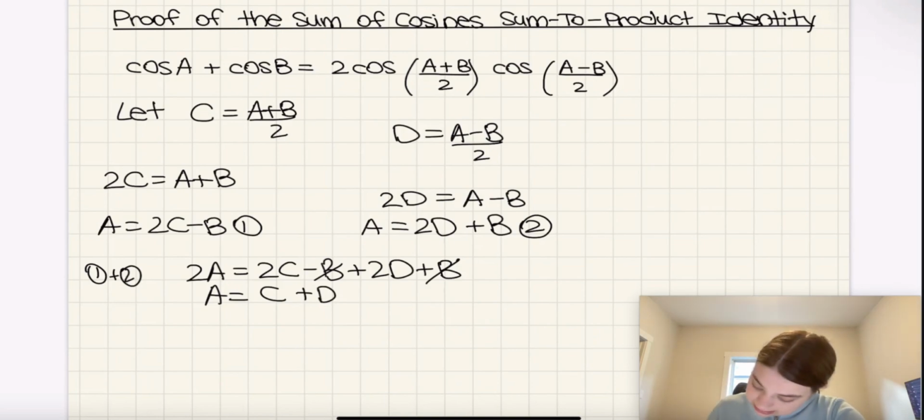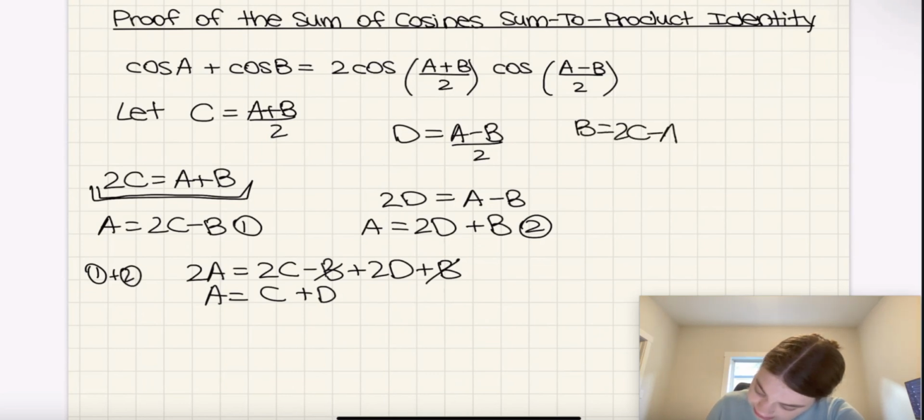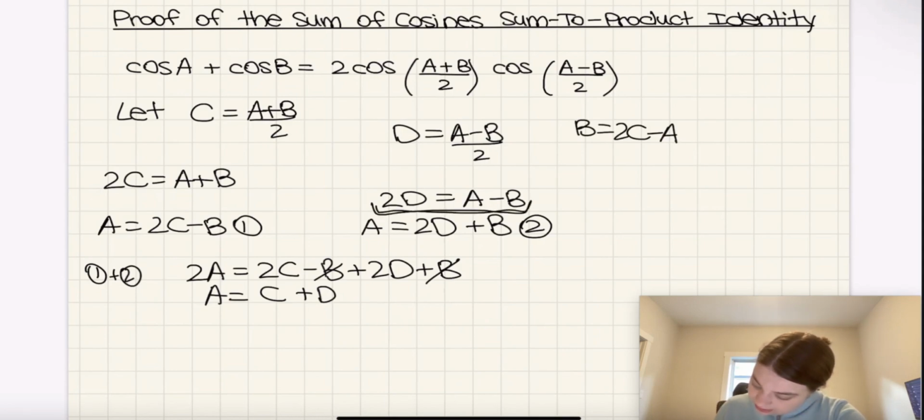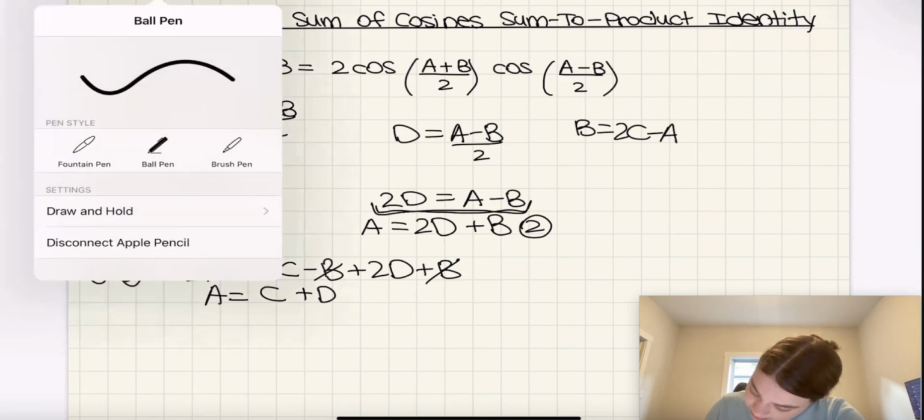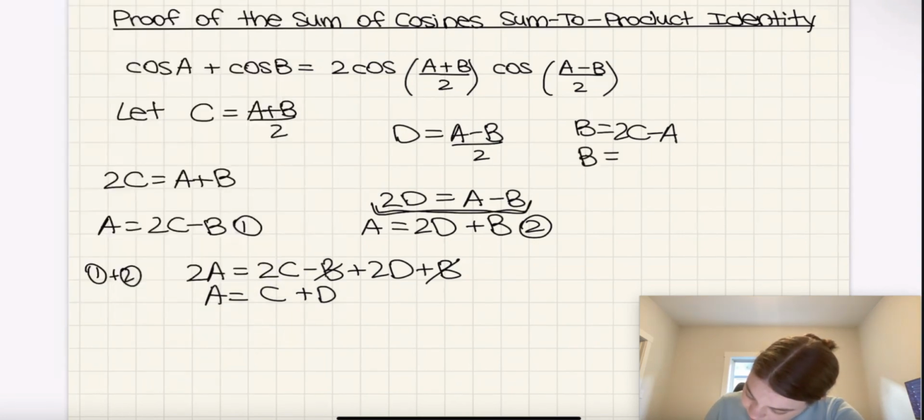Okay, and next we're going to do the same thing, but for B. So going back to this step here, if we were to write both of these equations in terms of B, if we start with this equation right here and write it in terms of B, we get that B is equal to 2C minus A. And if we do the same for this equation over here, we get that B is equal to A minus 2D.